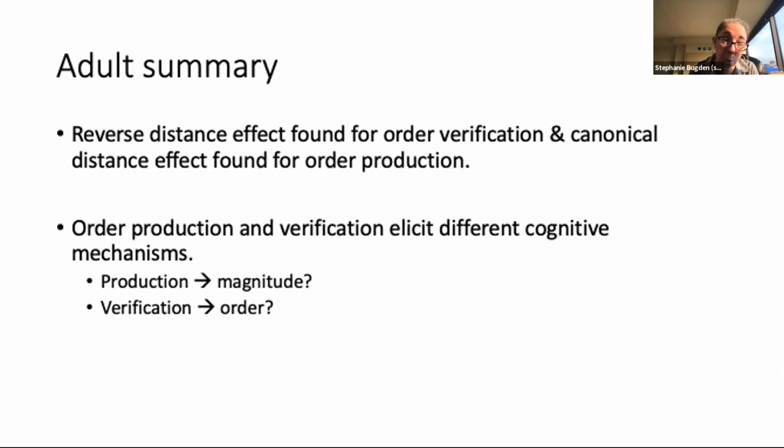In fact, participants were quicker at making a first response in the order production relative to the verification task. To me, that suggests they're not performing the iterative comparisons as they go, but that they are activating analog magnitude. So they might be tapping into their symbol-magnitude associations, whereas the reverse distance effect for the in-order sequences suggests that it's tapping into the strength of associations amongst those symbols.